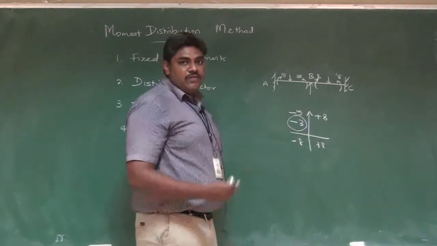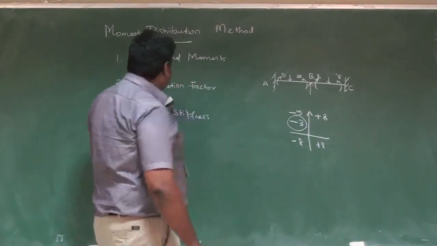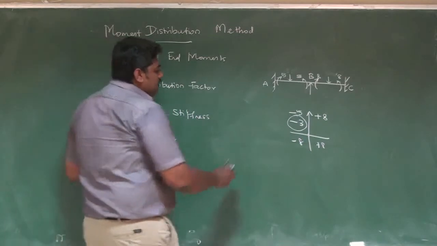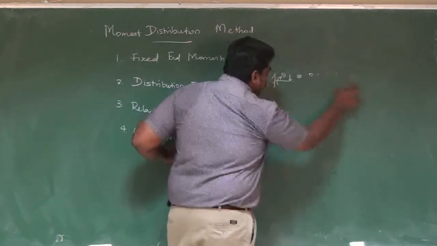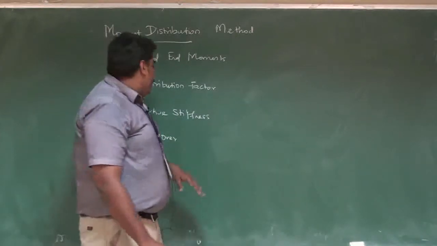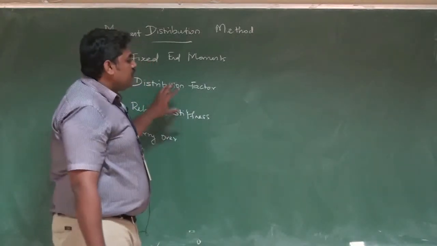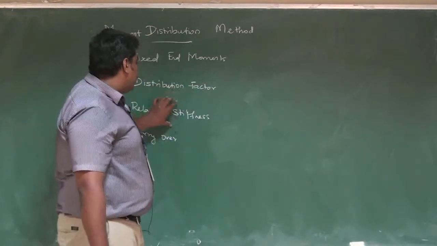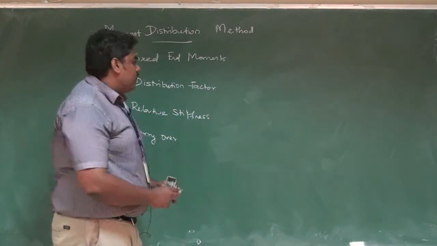Minus 5 and plus 8 will be neutralized based on the distribution factor, which is a variable of relative stiffness. So relative stiffness and distribution factor go together. Relative stiffness is a value on which the distribution factor depends.